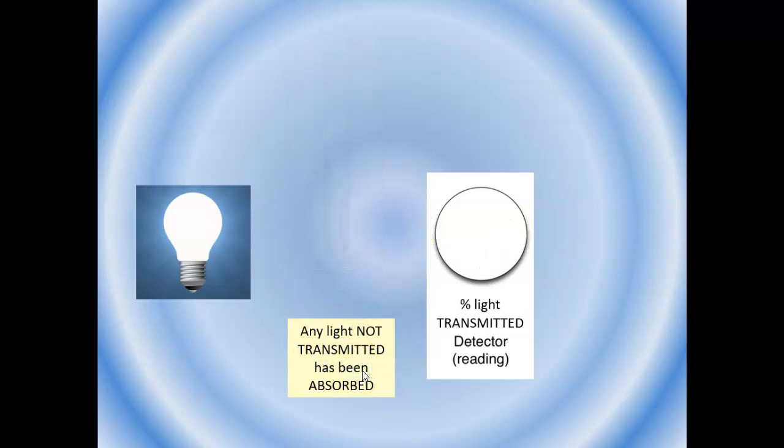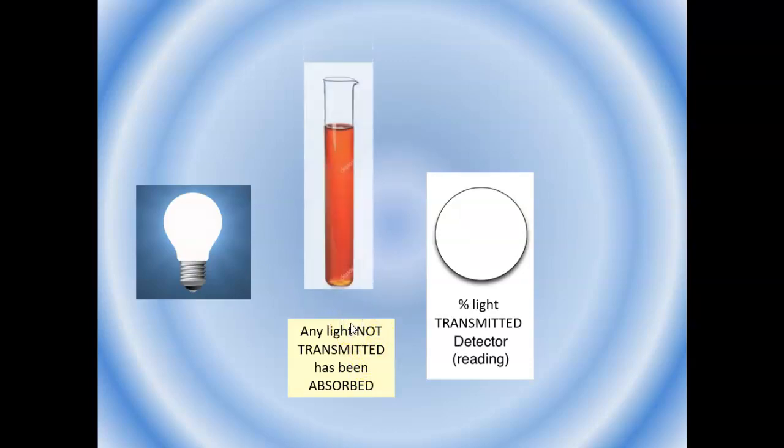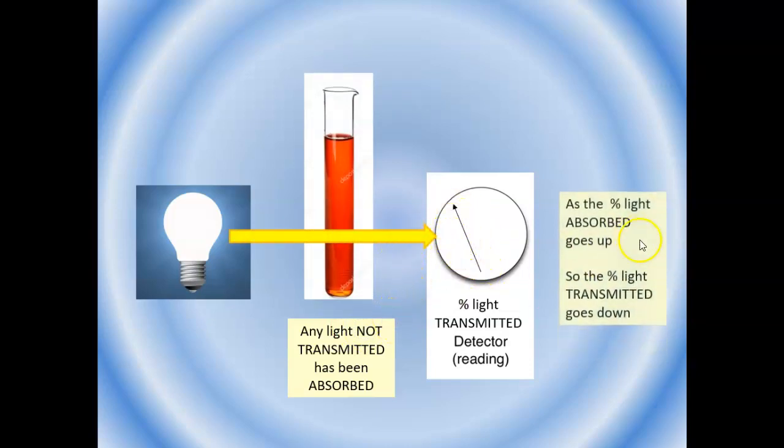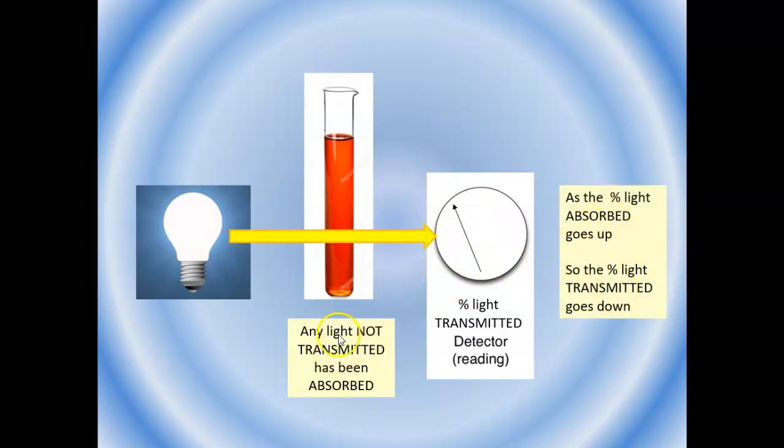So we can take the clear solution out and put in our solution that's got guaiacol in it, and we can measure it and see that the percent light transmitted has gone down, which means that the amount of light absorbed has gone up. As this goes down, the amount of light absorbed goes up. That means less light is coming through.